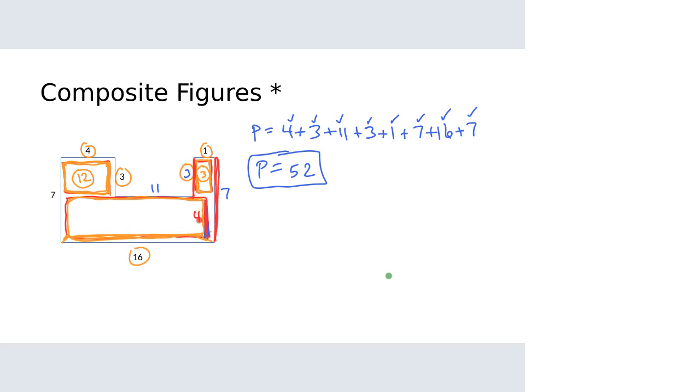And then if this is 16 by 4, we'll multiply those together and get 64. That's the area of that rectangle. And so the area of this entire shape is going to be the 12 plus the 3 plus the 64, and that's 79.